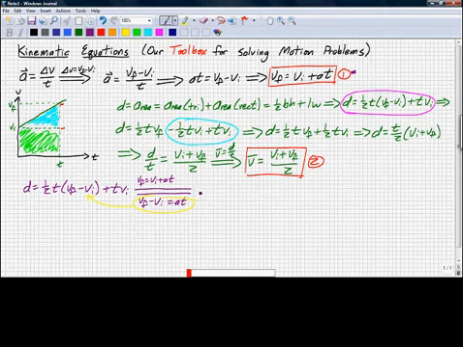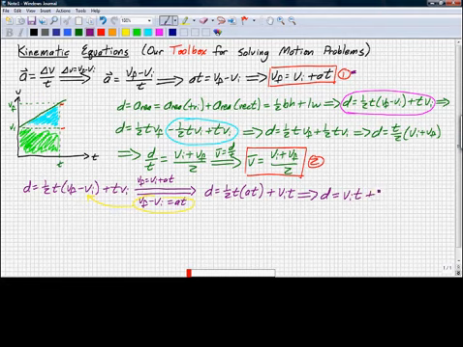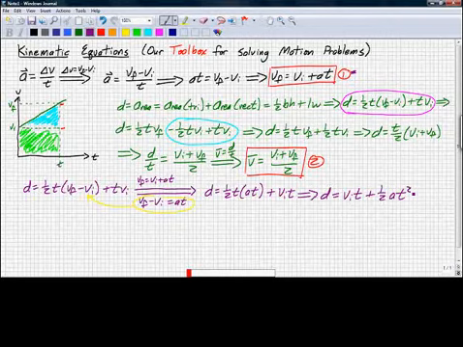Let's rewrite this as d equals 1/2 t times at plus vi t. Do a little bit of math here. We can say that d equals vi t, I'm just switching the order, plus 1/2 at squared. And there, simply enough, is our third kinematic equation.